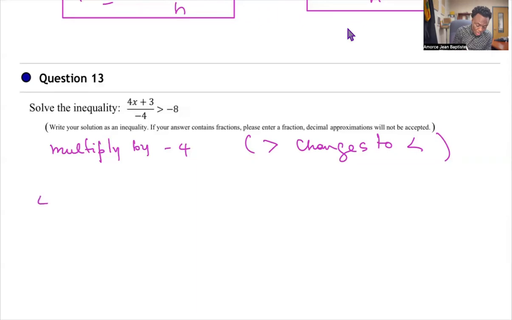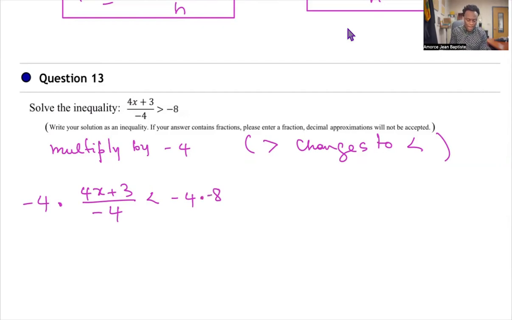So that will be -4 times 4x plus 3 over -4. And then we switch the inequality to less than, -4 times -8.